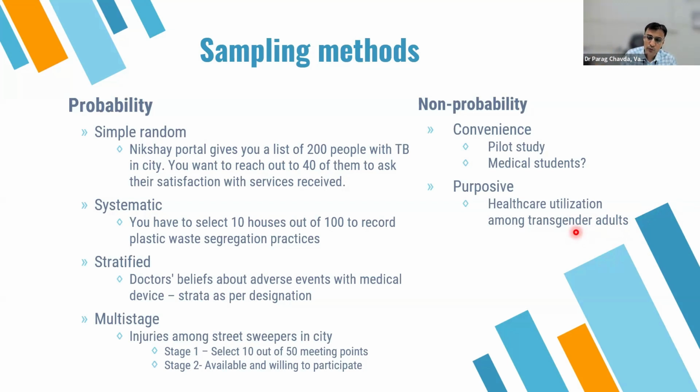Purposive sampling is usually employed in qualitative studies. Or, for example, your interest is only among those adolescents who consume tobacco in the form of vaping, or adolescents who make use of injectable drugs. That's difficult to reach, right?